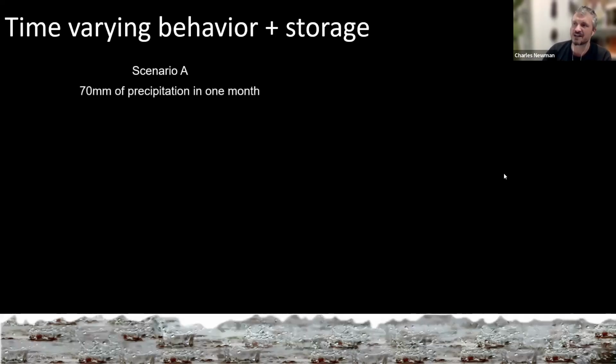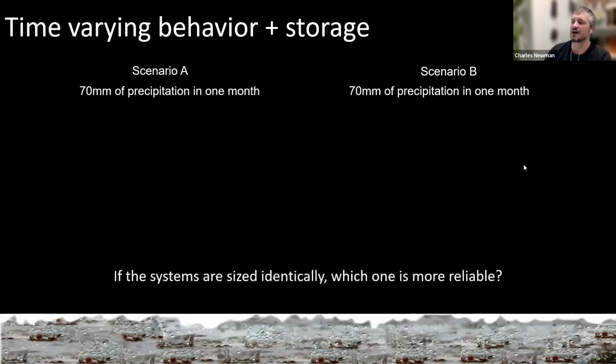In scenario A, we have 70 millimeters of precipitation in 1 month. Scenario B, we have 70 millimeters of precipitation in 1 month. And in each scenario, the single system is sized identically. Which one is more reliable?